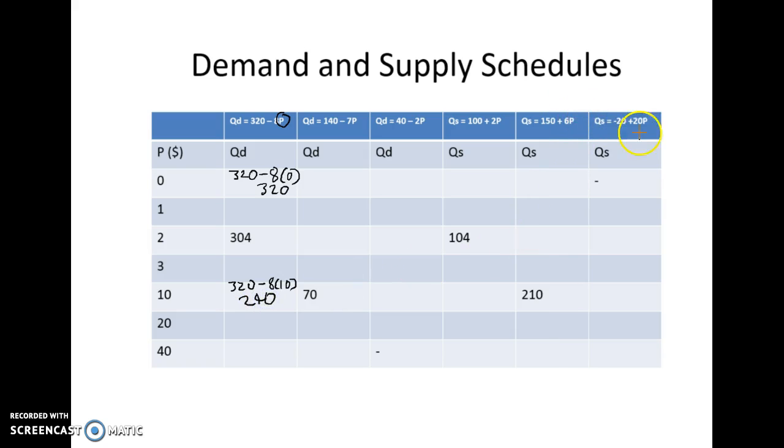Then over here we do exactly the same thing, so we've got a minus figure here: minus 20 plus 20 times 2, so that's minus 20 plus 40, which leaves us 20. Okay, so pause the video now and try these. Fairly straightforward and should be easy marks in your exam.